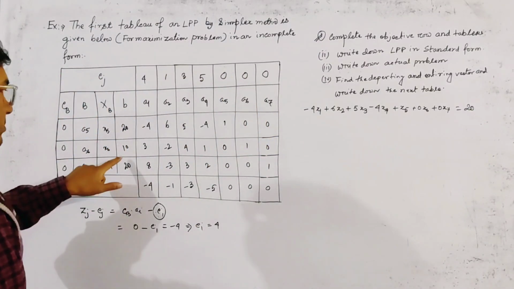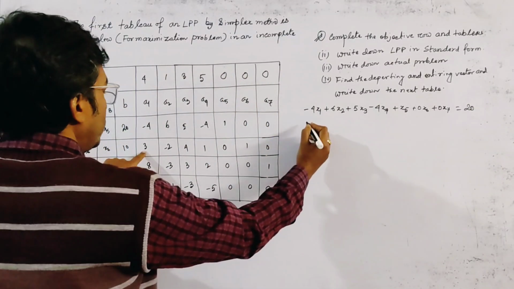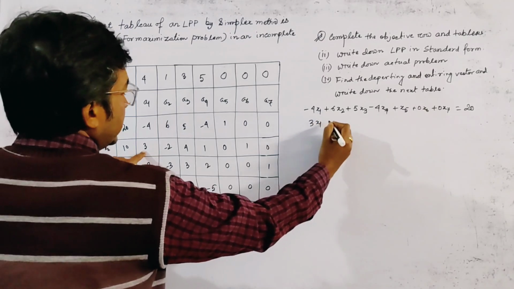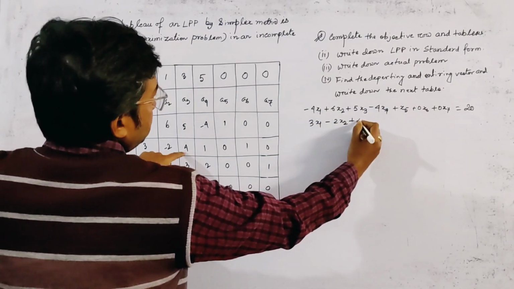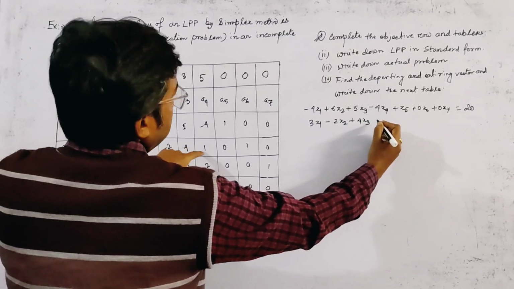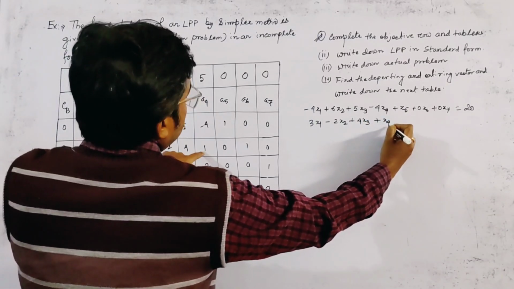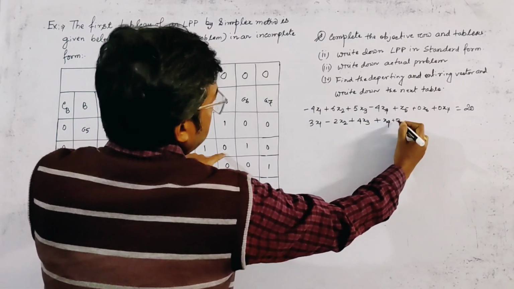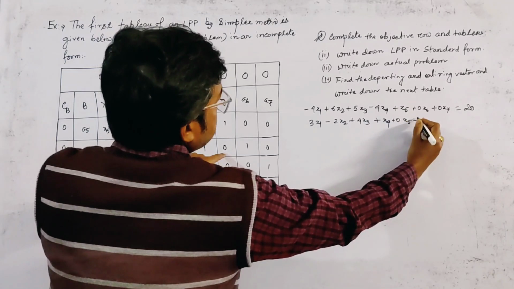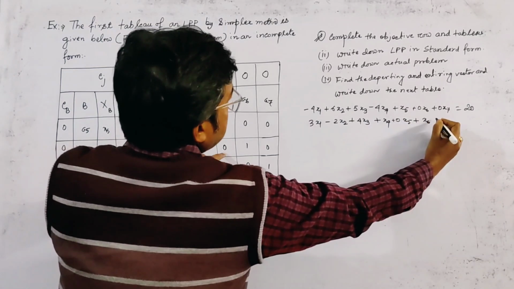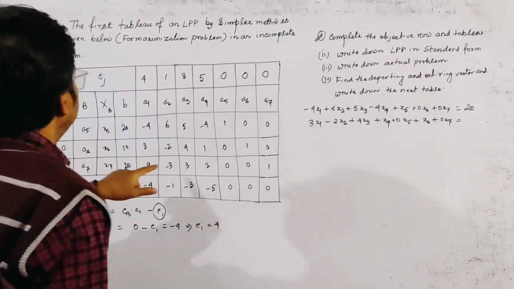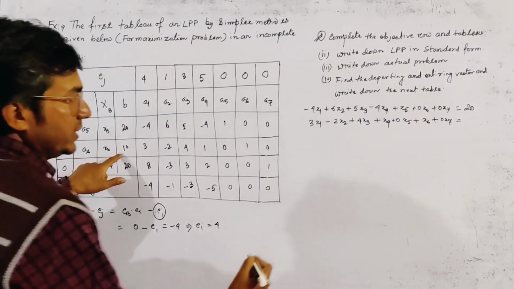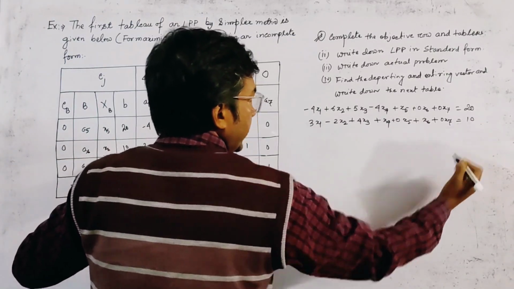Similarly we write for the second row: 3 x1 minus 2 x2 plus 4 x3 plus x4, plus 0 x5, plus x6, plus 0 x7, equal to 10.